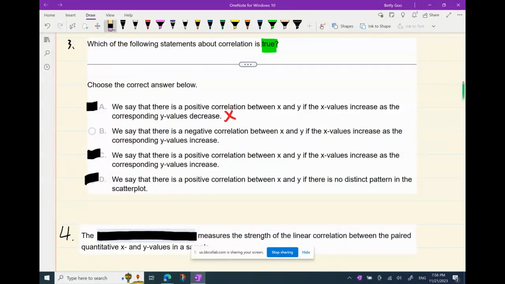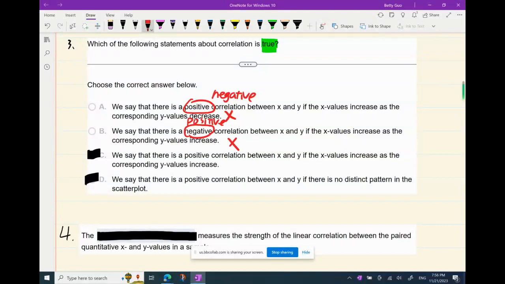Oh my god, I'm sorry, negative is not true there. So actually, if we change this to negative, and change this to positive, they are going to be both true, right?